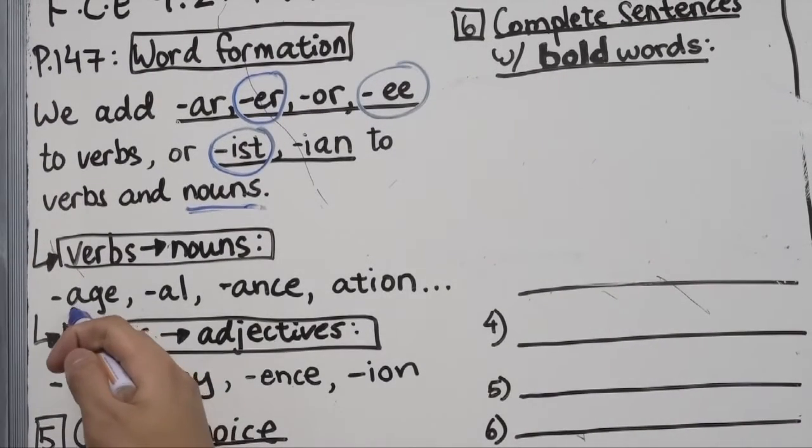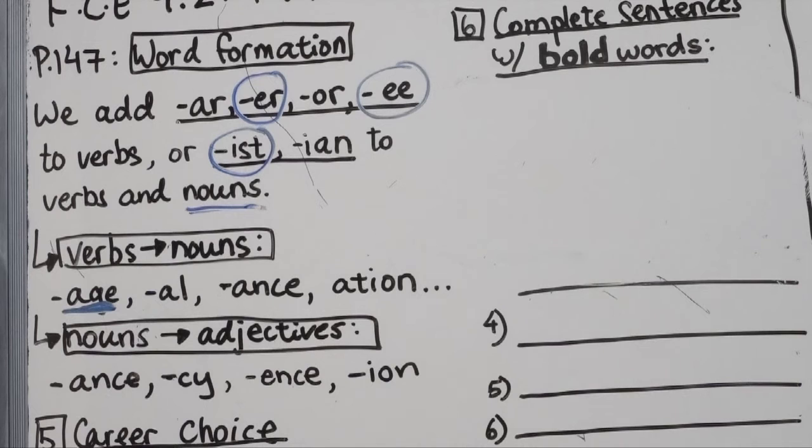AGE. So the example they gave you in the book is drain. What is a drain? A drain can be a noun itself. Drain can mean the place where the water will go after you take a shower. In the shower, there is a hole in the floor, and that's a drain.